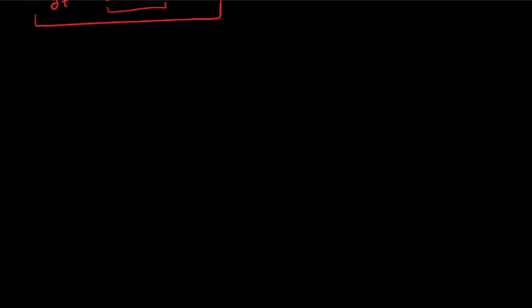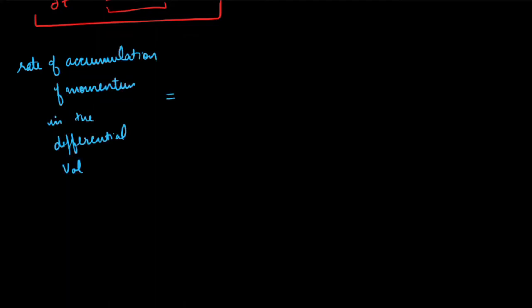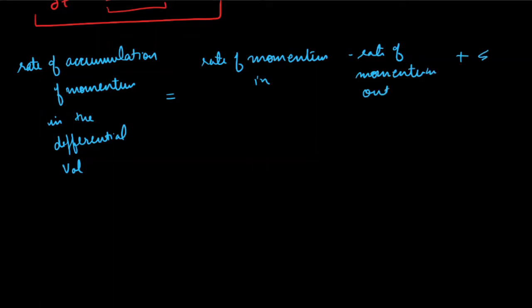Now for the momentum balance, I will just tell you the equation in words: the rate of accumulation of momentum in the differential volume is equal to the rate of momentum in minus the rate of momentum out plus the sum of the forces that are being applied on the fluid, because that will also create momentum.